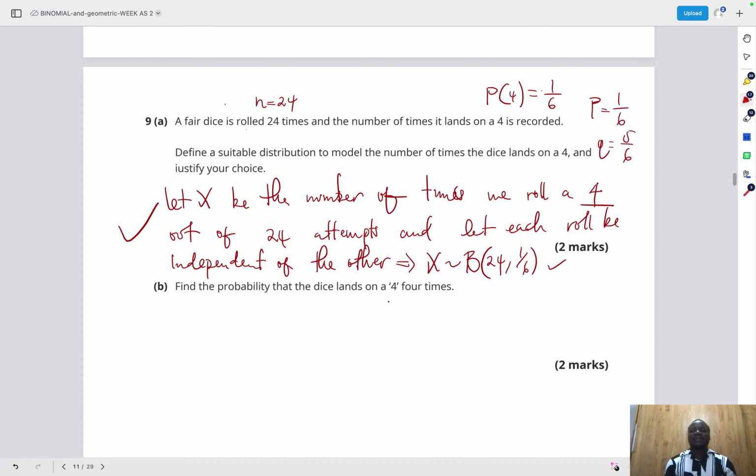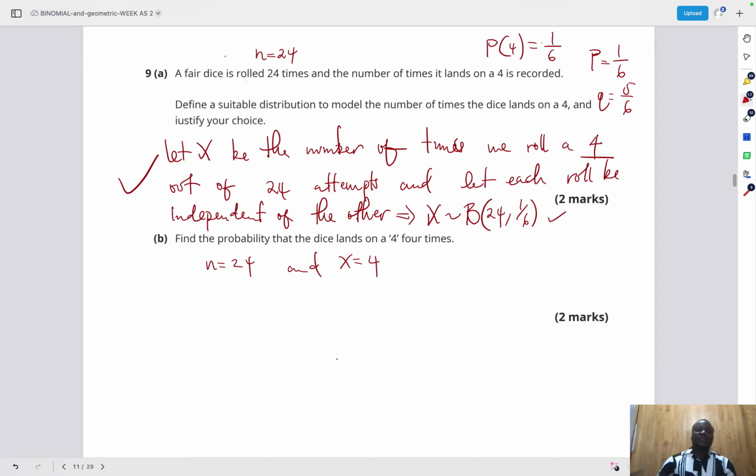Find the probability that the dice lands on a 4 four times. So we've got n equal to 24, and x equal to 4, meaning we are successful 4 times. This is a basic binomial distribution.